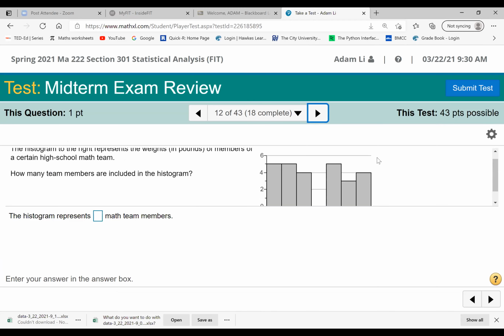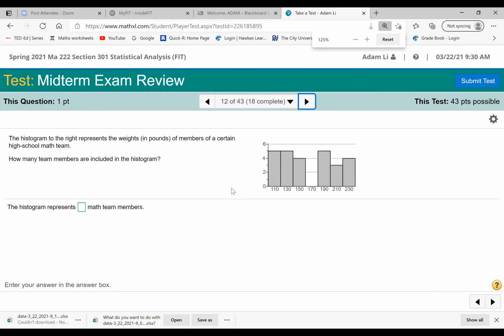Now here's the graph that represents the weights of the members of a certain high school math team. How many team members are included in the histogram? So the height of each rectangle here represents the frequency for each class. So the first frequency is 4, second one is 4.